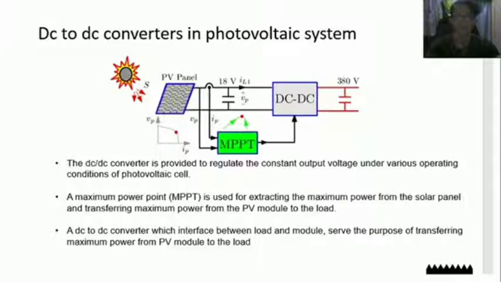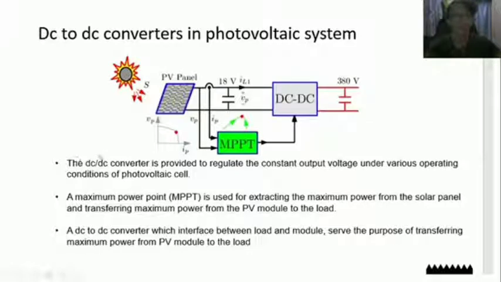So the voltage current passes from the PV panel directly to the DC to DC. And the PV panel current also passes directly to the MPPT and then directly to the DC to DC.